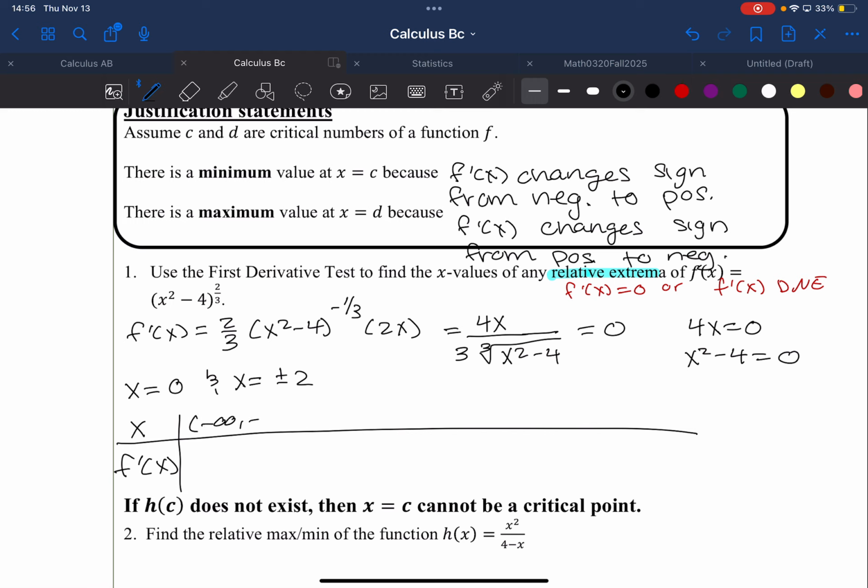Negative infinity to negative 2, which means I am at my critical point, negative 2, and it was a critical point because it was 0 or undefined? Undefined. Right, because that negative 2 came from setting the denominator equal to 0, so it came from undefined. What's my next interval?